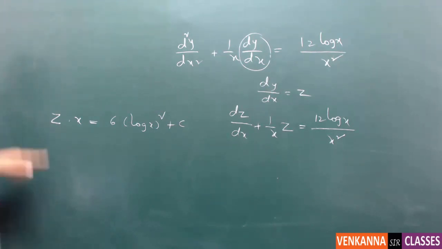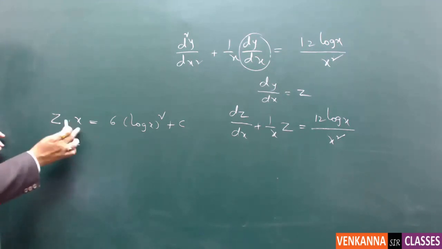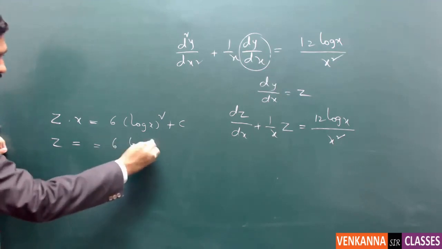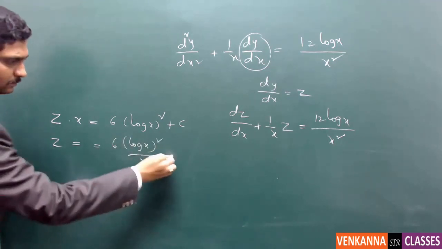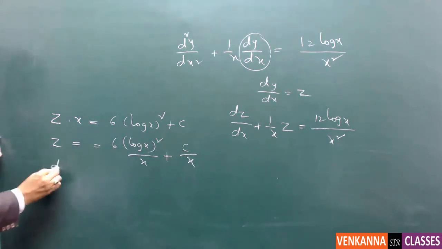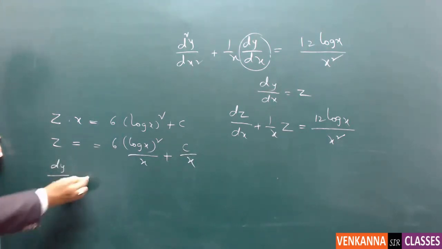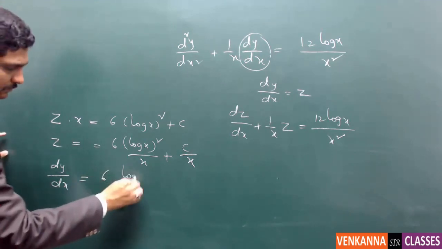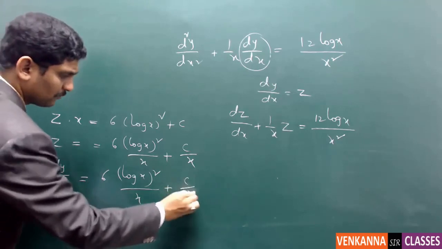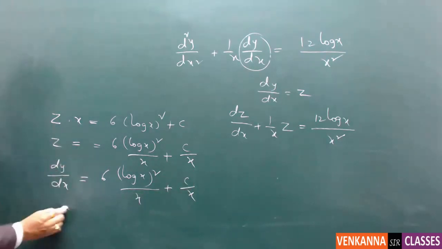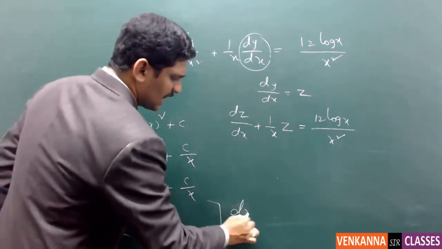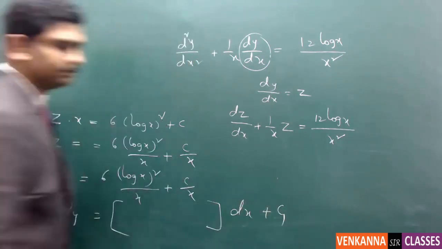Fine. So first of all, z is equal to take x to this side. Now we have z is nothing but dy by dx. Now you make it variable separable, and then integration constant will come.